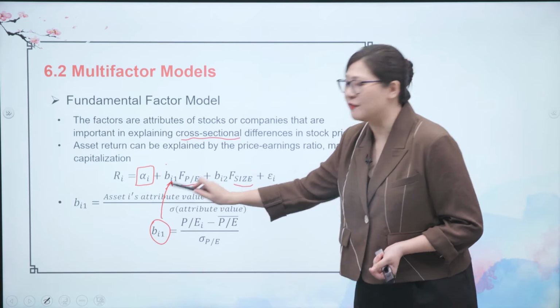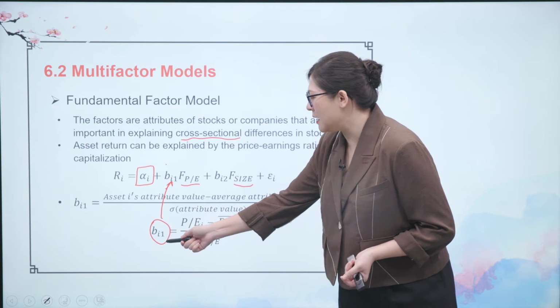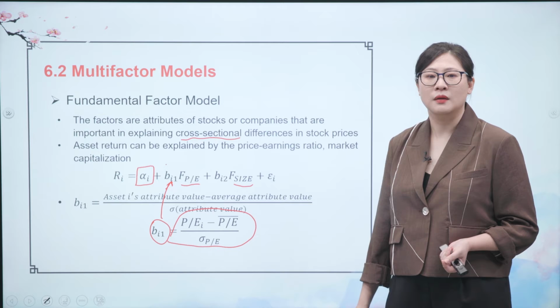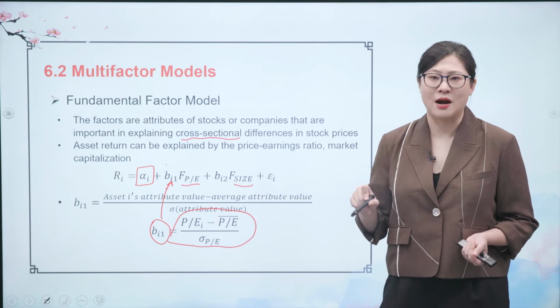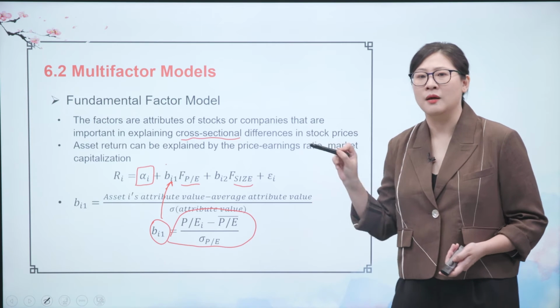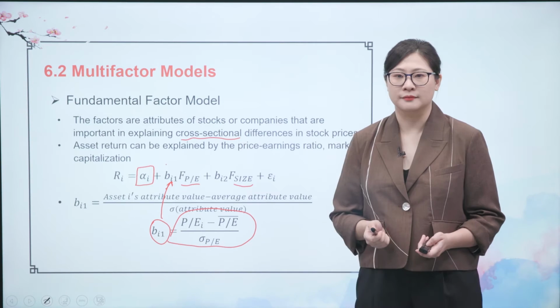But here in the fundamental factor model, this B_i we calculate by ourselves, and here F_PE is our regression result, the regression coefficient. So that's the basic difference between these two models.